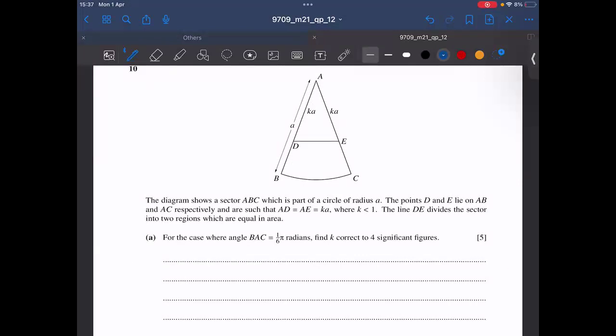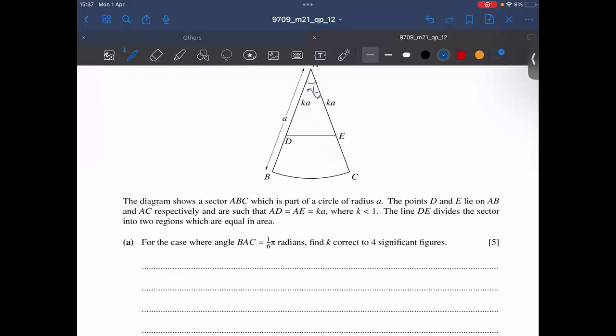The line DE divides the sector into two regions which are equal in area. For the case where angle BAC is pi by 6, find K. How are we going to find out K?